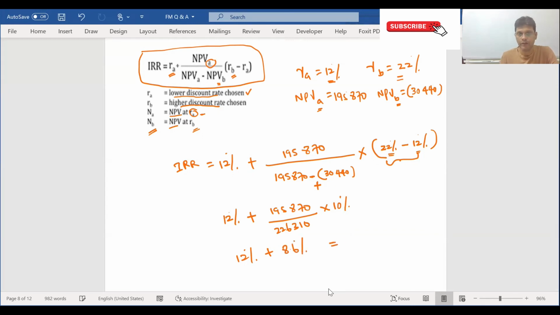So therefore, the IRR should be 20.6. It should be around 20 point something. 20.6 according to this calculation.